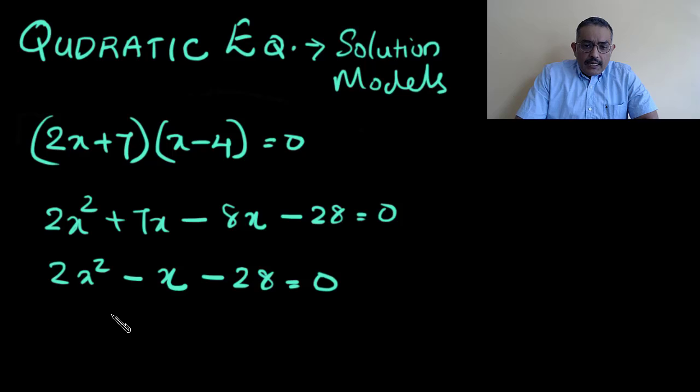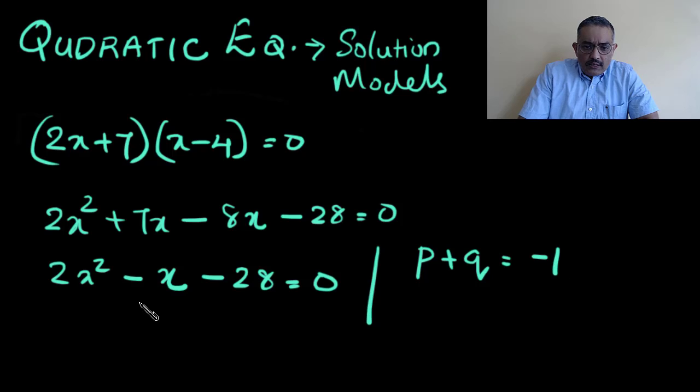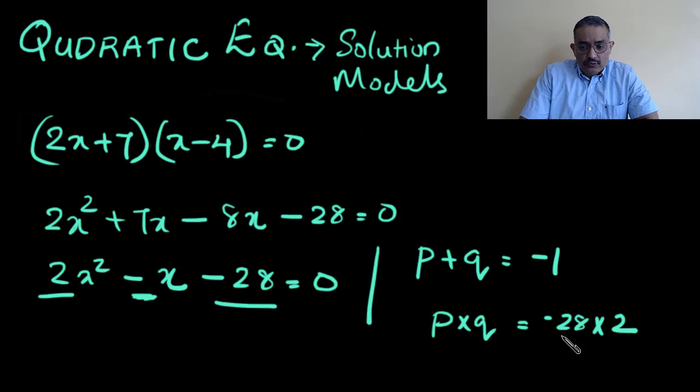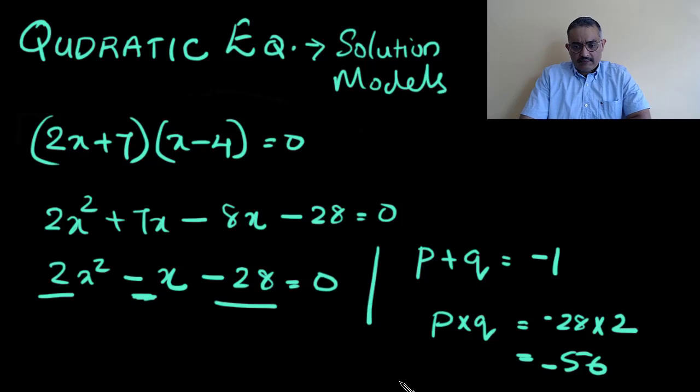Alright, now let's imagine the p and the q here. What we need to think about is p plus q is equal to minus 1, this value right here, and p times q is equal to minus 28 times 2, which is negative 56.